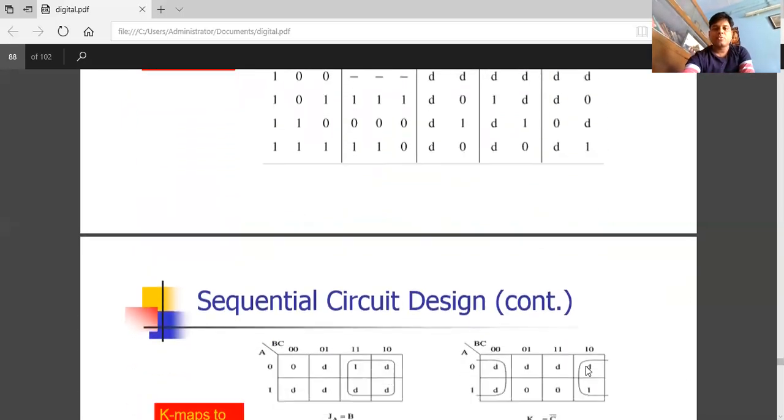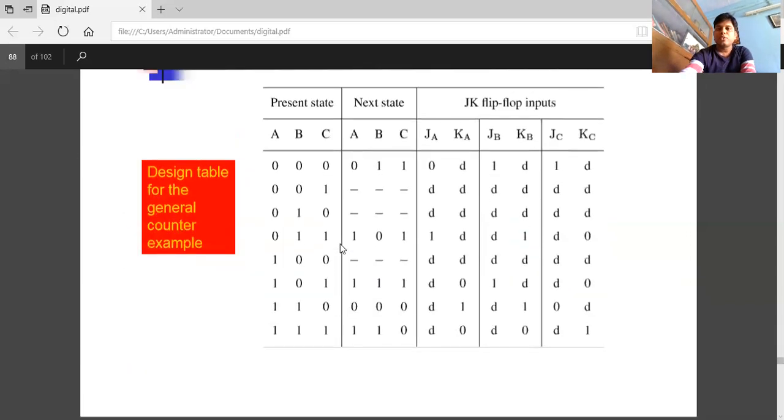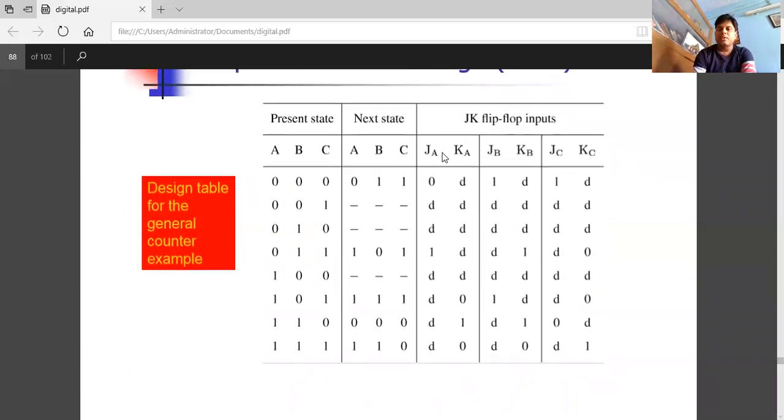After that we have to convert this into circuit implementation. We have to design again for JA, KA, JB, KB and JC, KC. For the JA equation, the input section is ABC from 000 to 111, and we have to fill this in the K-map. We repeat this for KA, JB, KB, JC and KC.